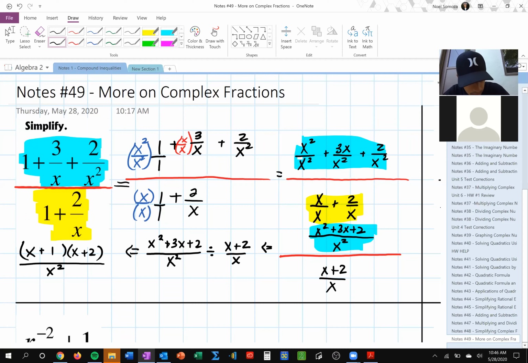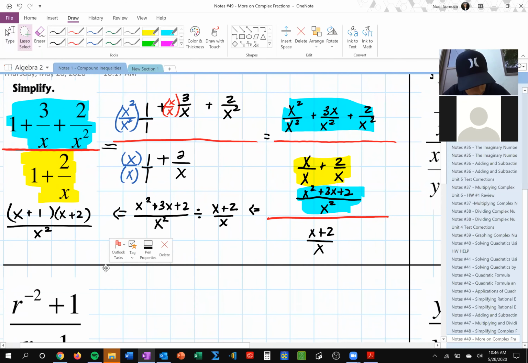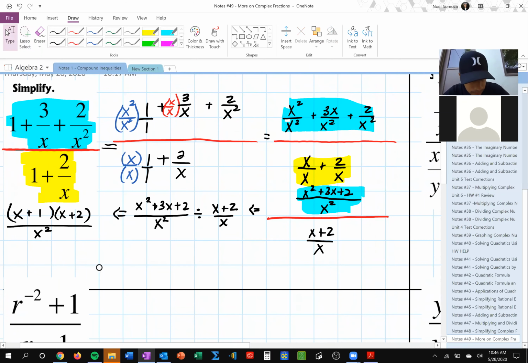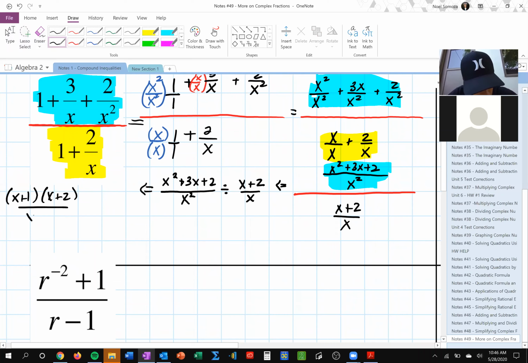Let me move this line down a little bit. Okay, so that's my factored version. We had x plus 1 times x plus 2 all over x squared.